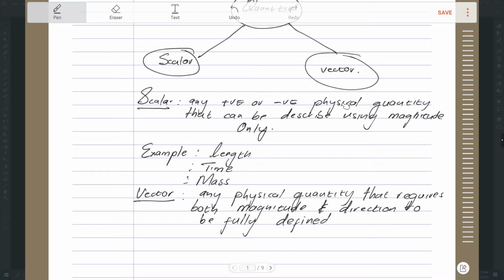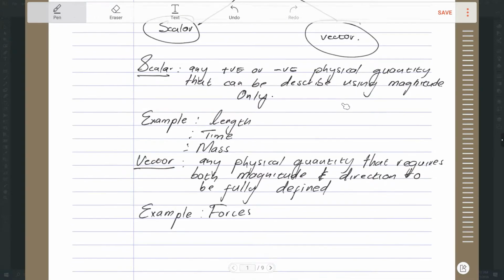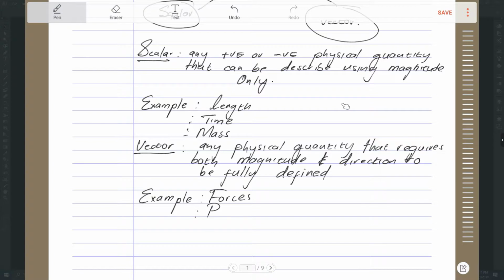And for example, here we're talking about forces, positions, and moments.